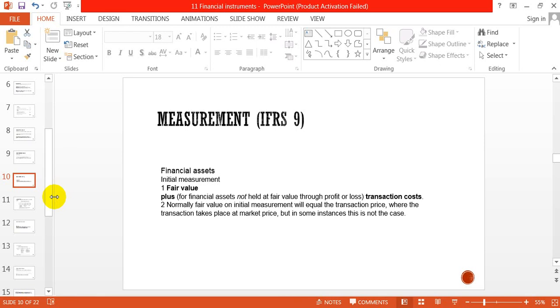Now the fair value, because most of these assets are trading on the market, is usually taken to be the market price. Although in some instances this may not be the case.